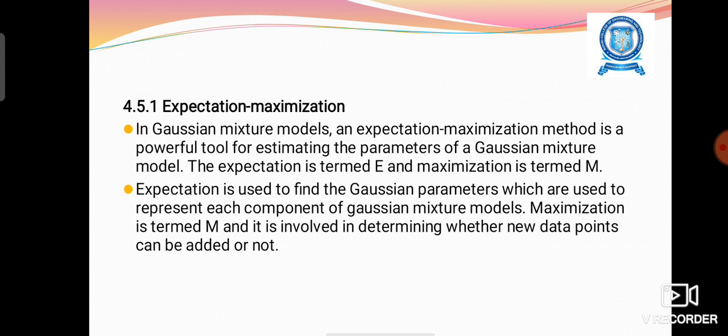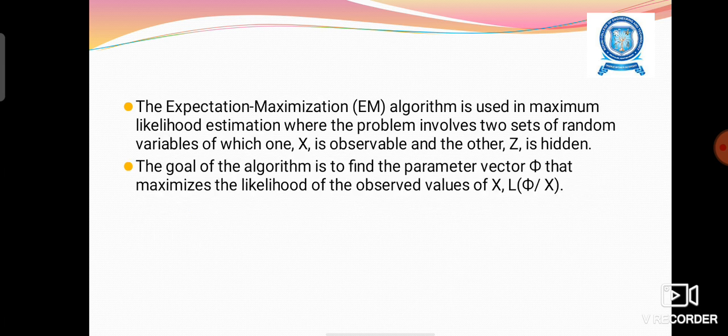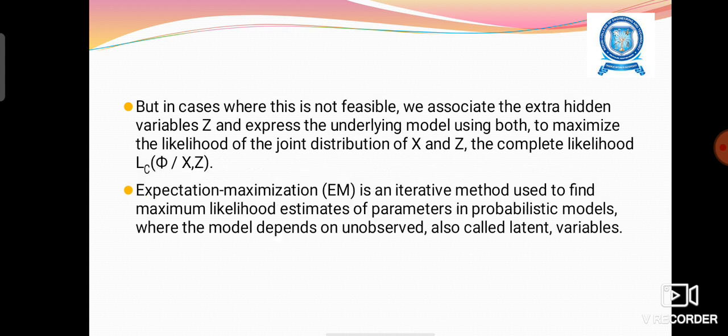songs. Expectation maximization. In GMM models, the expectation maximization method is a powerful tool for estimating the parameters of the Gaussian mixture model. This EM algorithm, expectation maximization algorithm, is used in maximum likelihood estimation where the problem involves two sets of random variables, of which x is observable and the other, z, is hidden.